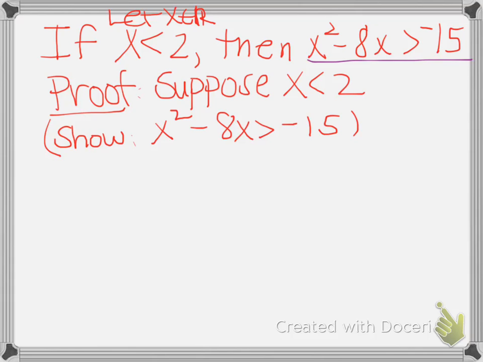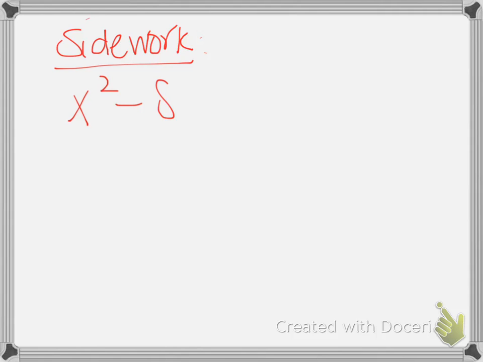All right, so what I'm going to do is some side work. Again, this isn't part of my proof. This is on the side of my proof. This is where I'm trying to go.